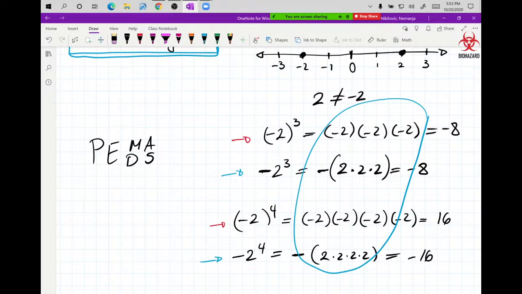Like, what do you repeat 4 times or 3 times? Is it the entire number, negative 2, or the negative is not included in the parenthesis with the value, so you can just copy it? So those are some basics of computation with exponents and worrying about those signs.